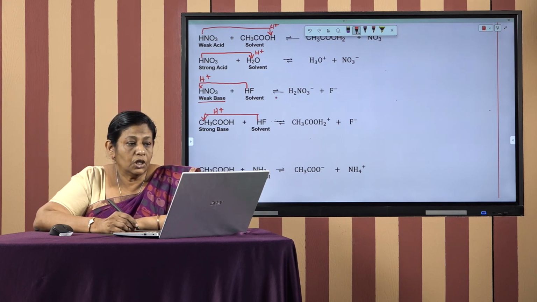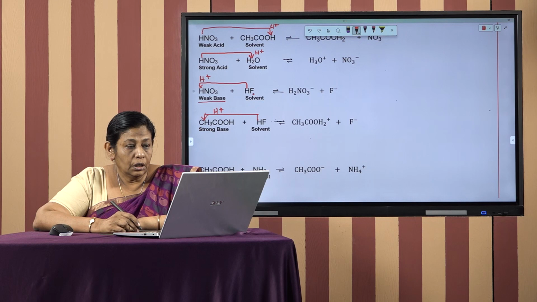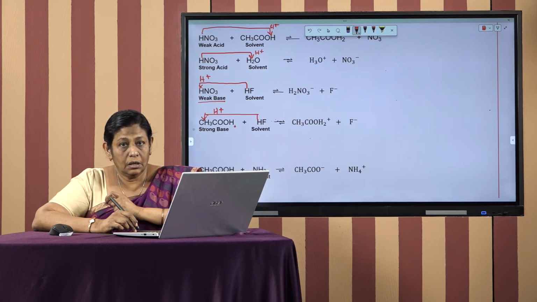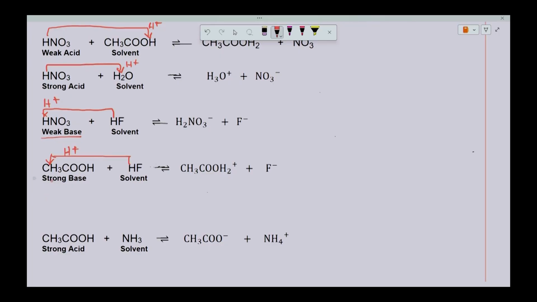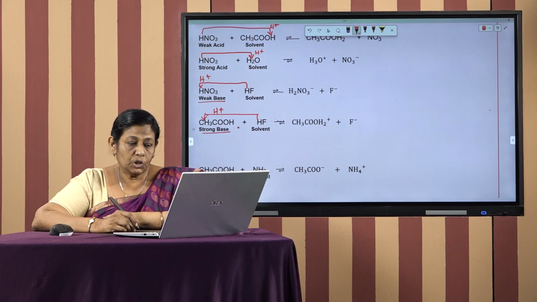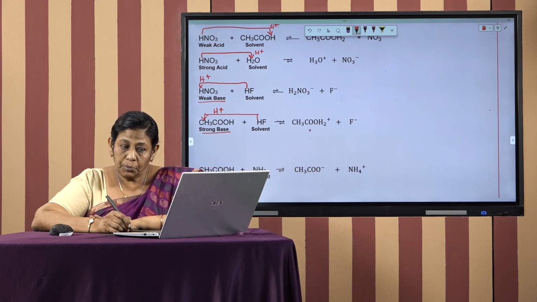Comparing these two, HNO3 was acting as a weak base in HF solvent, but acetic acid, which is a weak acid in aqueous media, becomes a strong base. You can see the forward arrow is larger and the backward arrow is smaller, which means that acetic acid is easily protonated.